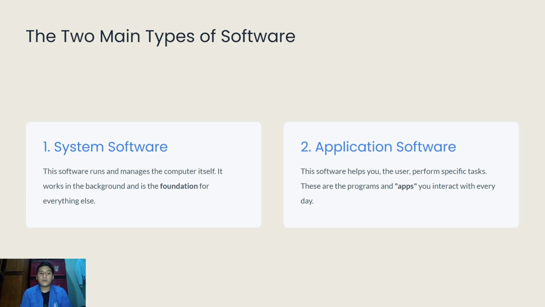It works in the background and is the foundation for everything else. The next one is application software. This software helps you, the user, perform specific tasks. These are the programs and apps you interact with every day.